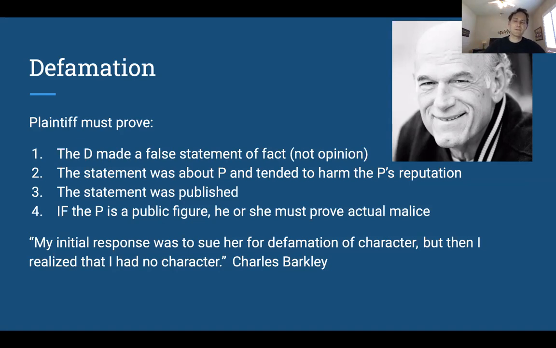Anyway, this last quote from Charles Barkley I always thought was great. "My initial response was to sue her for defamation of character, but then I realized that I had no character." And this goes to element number 2. If you claim that somebody is a dirty, rotten scoundrel and is always stealing from people, well, it could be defamation if it's incorrect.